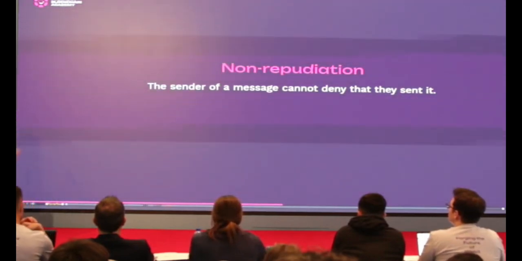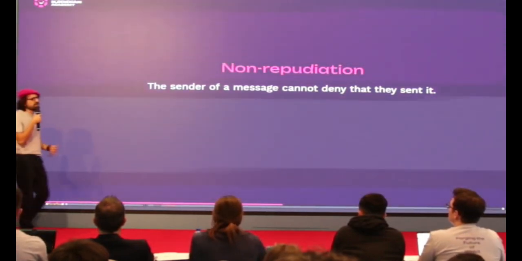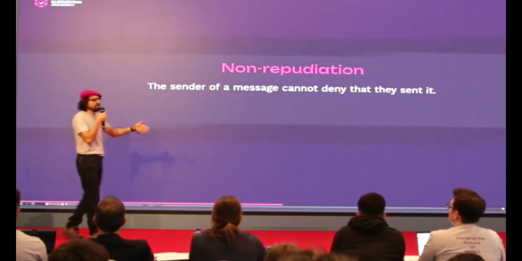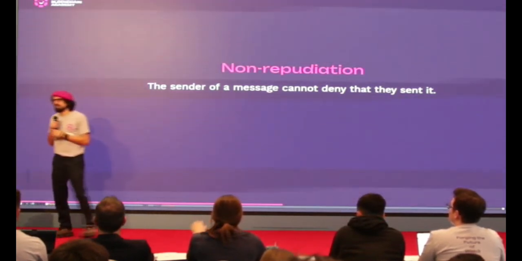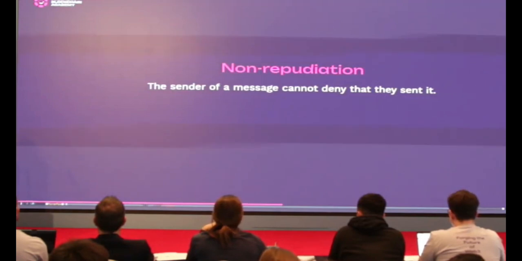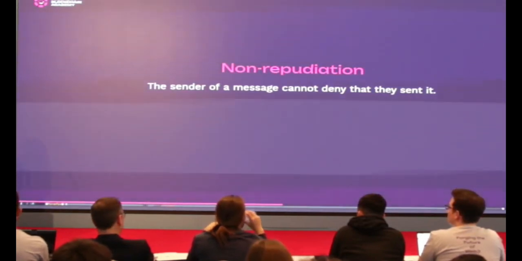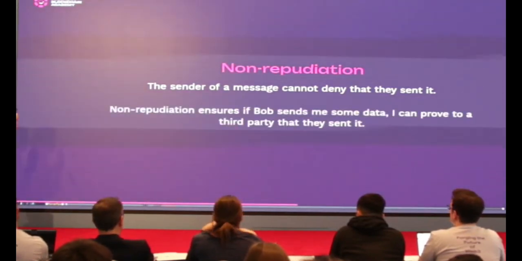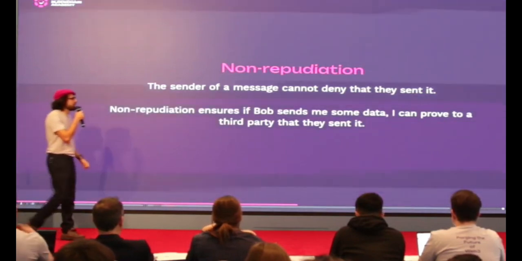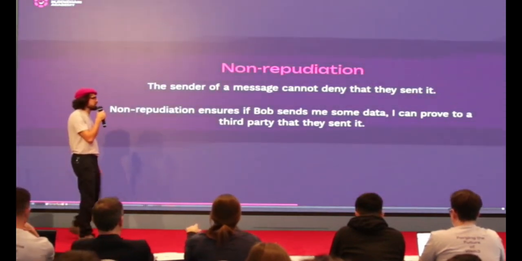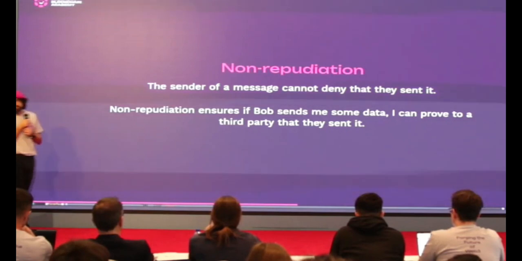If you tell me to do X, Y, Z, and I give you this much money, and then I do it, and then I say, look, this is a contract, they can deny that they had sent the contract. So that's about proving to a third party that somebody had sent the data.